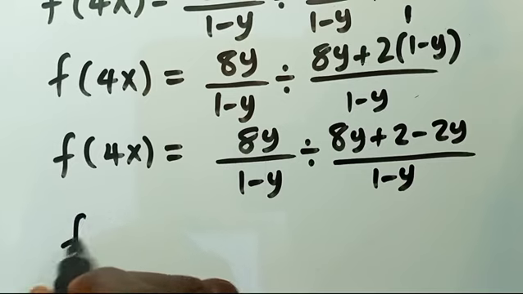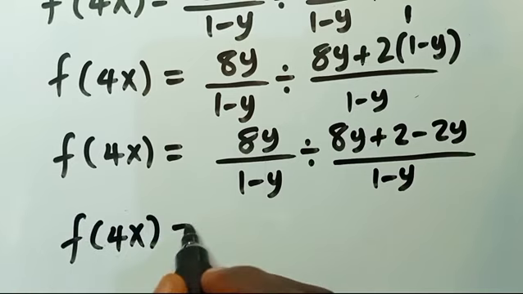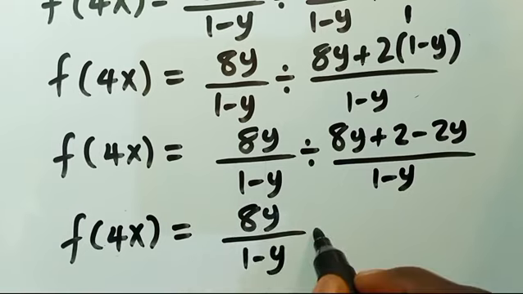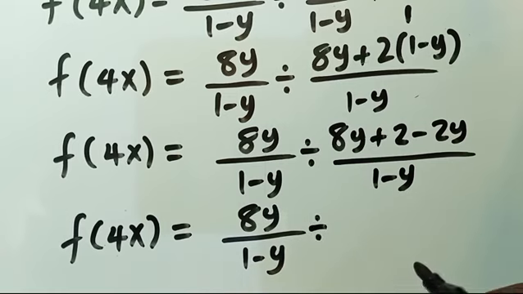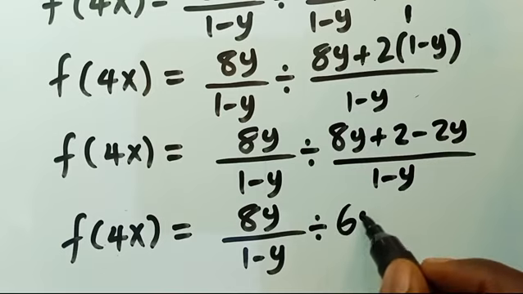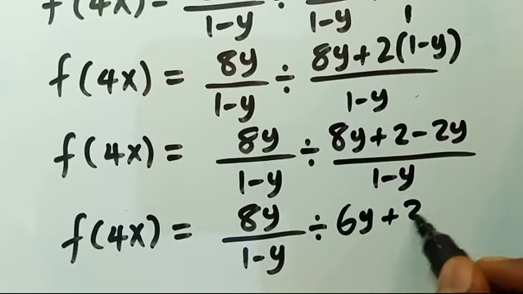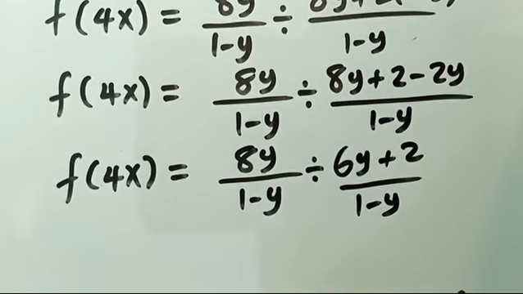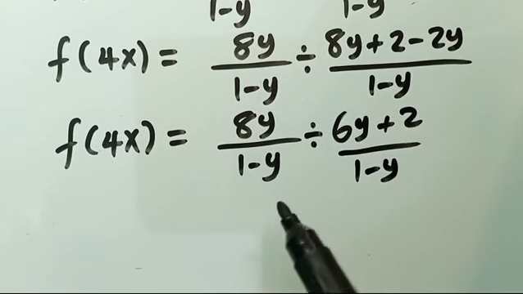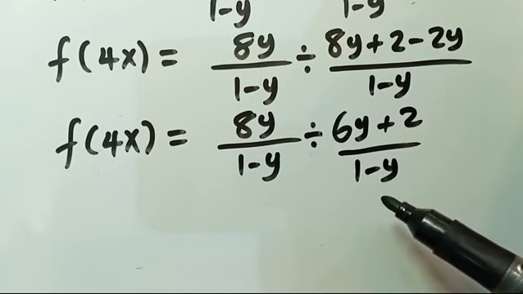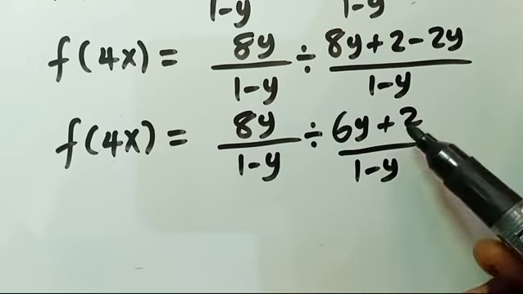So from here we have f of 4x to be 8y over 1 minus y, then divided by this. When you have minus 2y plus 8y, this gives us 6y, then plus 2 over 1 minus y. Then from the law of the reciprocal, when we change this division to multiplication, this denominator will go to numerator.